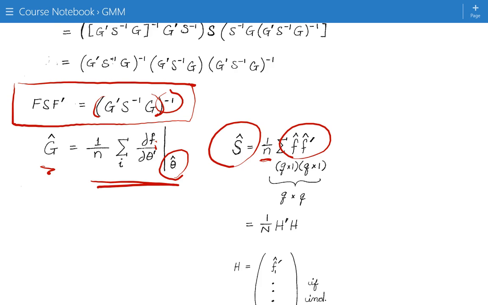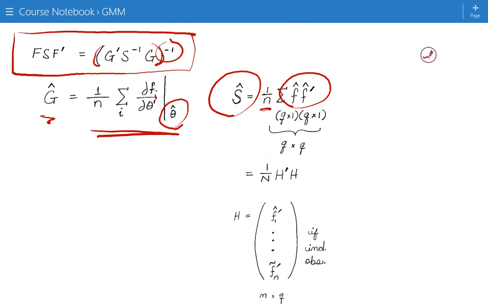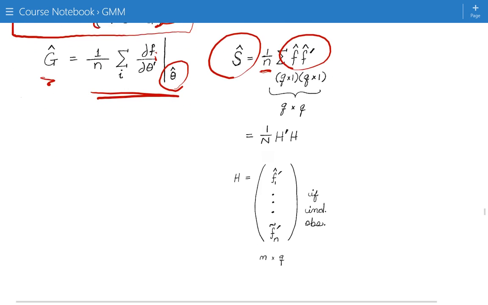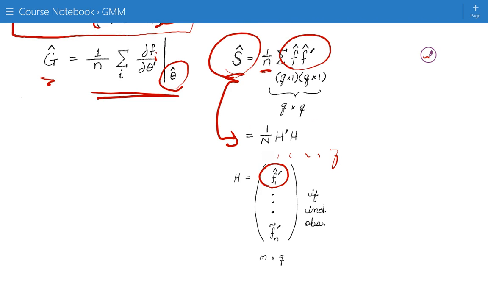For independent observations, if you set up a set of variables, one for each of the Q equations, with rows equal to the number of observations, call it H, then S hat is simply 1 over n times H transpose H.